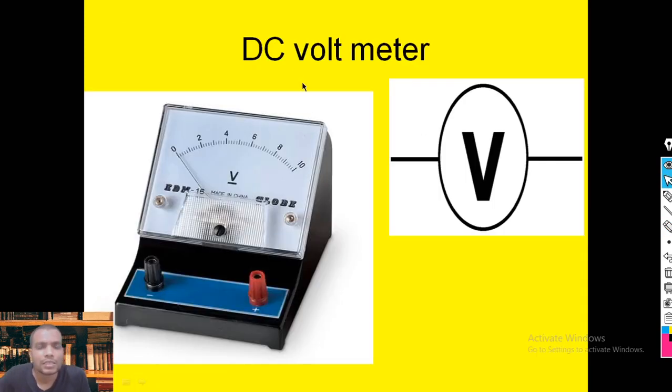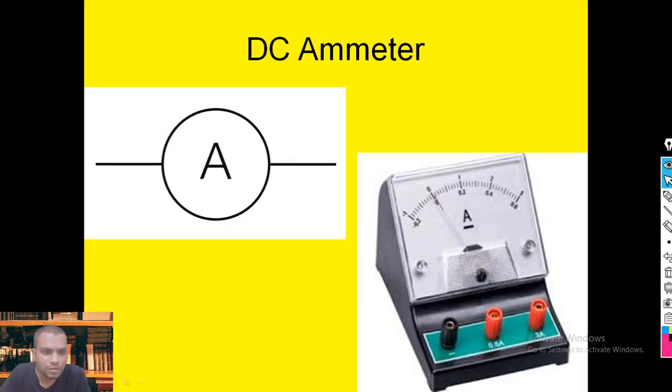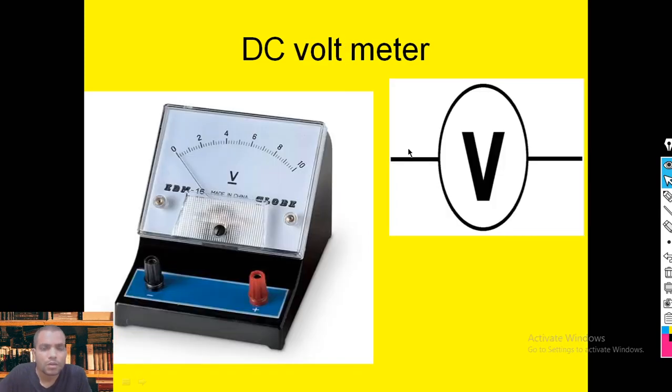Now, sometimes in the circuit we need to measure potential difference. To measure the potential difference we use a voltmeter. This is how a voltmeter looks in the laboratory. But in the circuit symbol we represent it as V in a circle with two terminals.